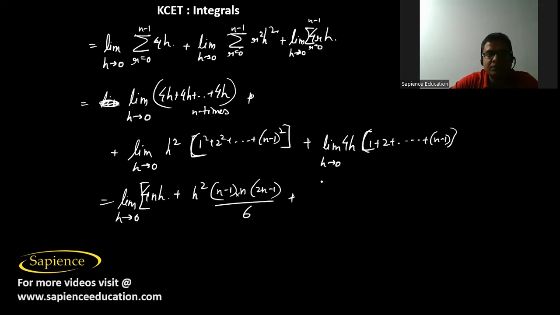Then plus 4h into the sum till n, which is n into n plus 1 by 2, so n into n minus 1 by 2.